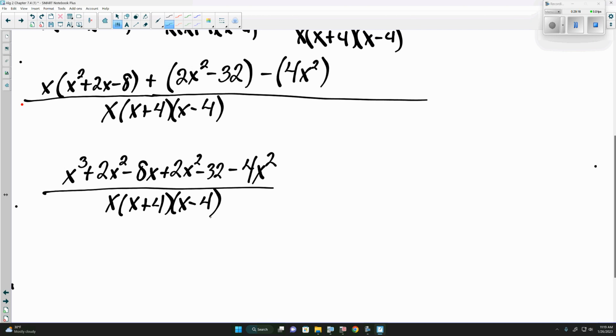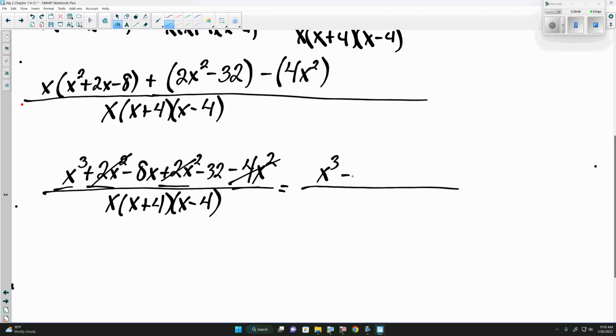Combine like terms. Now x cubed is the only term with a third power, so x cubed is by itself. So we have 2x squared plus 2x squared is 4x squared, minus 4x squared is 0. So it is gone. There are no x squared terms because they all canceled out.